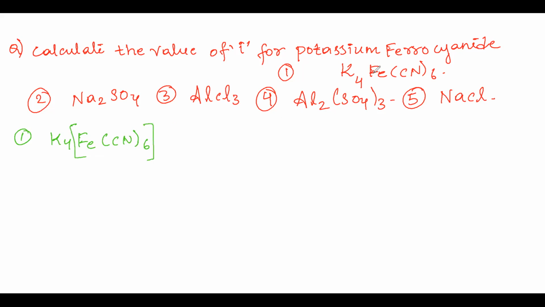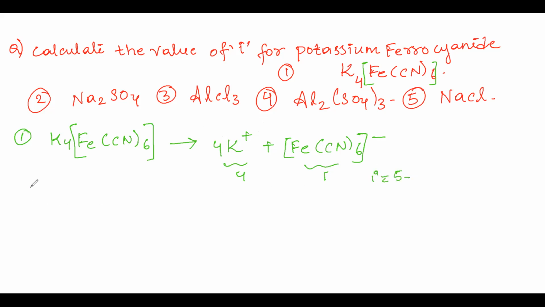So it dissociates to form 4K plus and the Fe(CN)6 complex ion with minus 4 charge. So the i value is equal to 4 plus 1, because 4 moles of potassium and 1 mole of ferrocyanide ion. So 4 plus 1 is equal to 5.